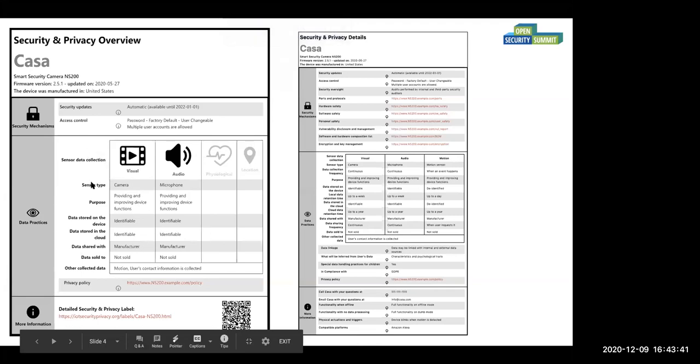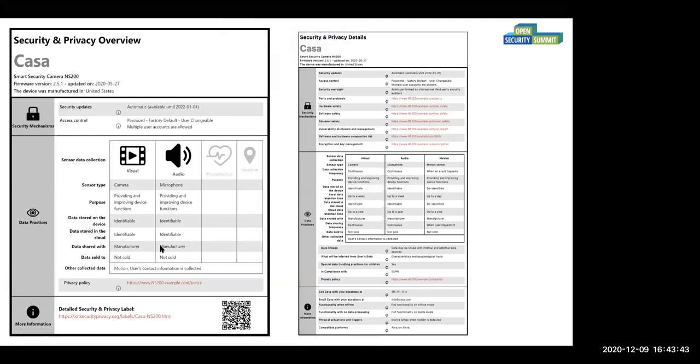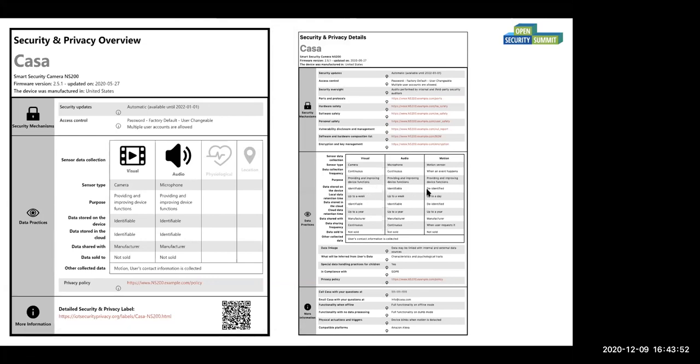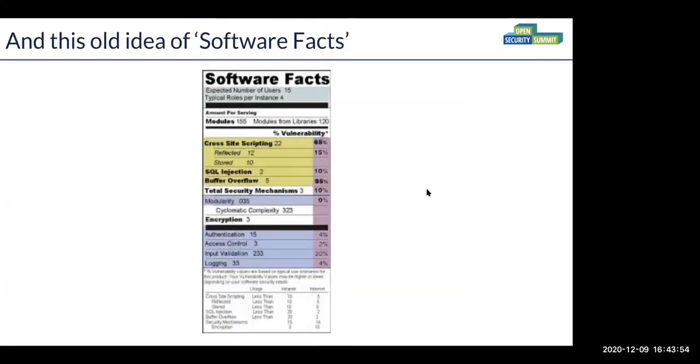Like, what does it have, what does it do, what data is sold to whom, where is data stored, the privacy label, and then there are updates, etc. You can see that this covers more of that level of granularity. And of course, this one was done for software security.